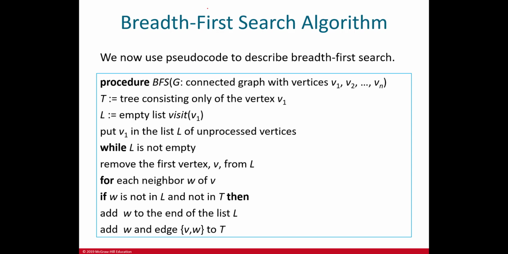Now if we want to look at the pseudocode for the breadth first search algorithm, we are going to consider T as a tree, and we start with a particular vertex V1 in list L. Then while list L is not empty, we remove the first vertex V1, and for each neighbor W of V, we add it into L and visit that W, and then we add it into the tree if it is not already there, and so on.